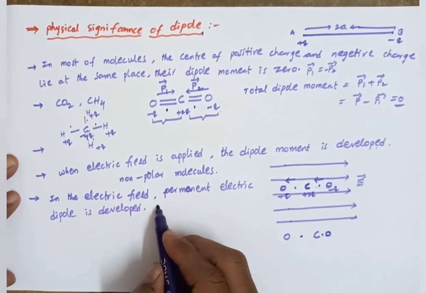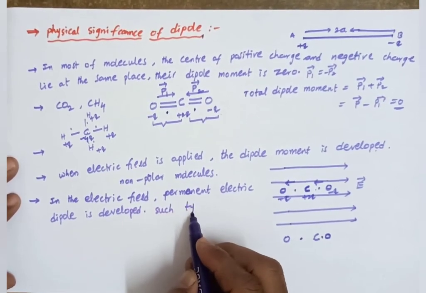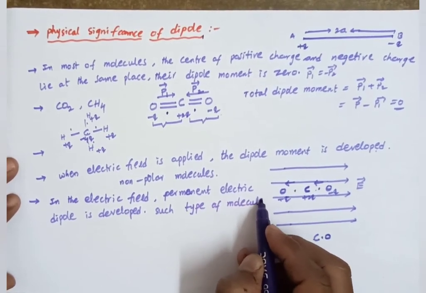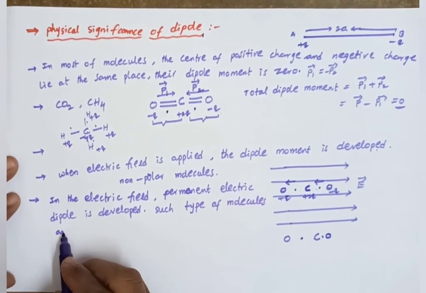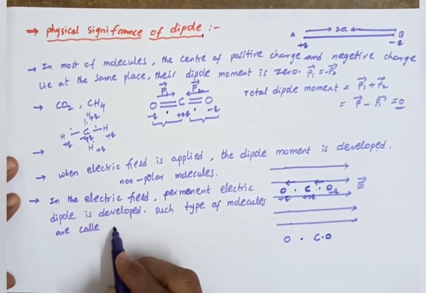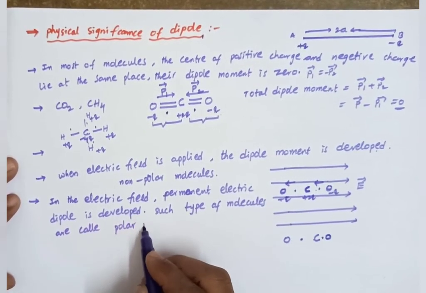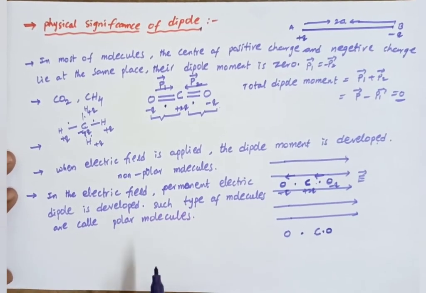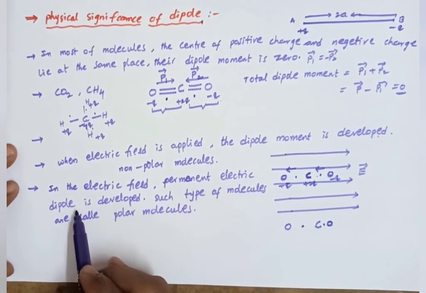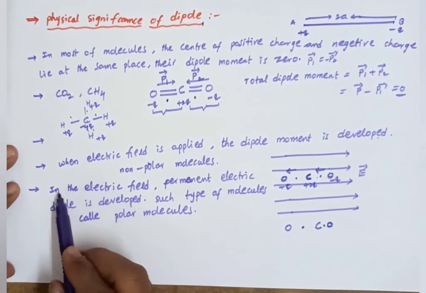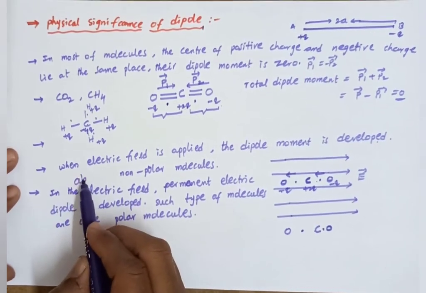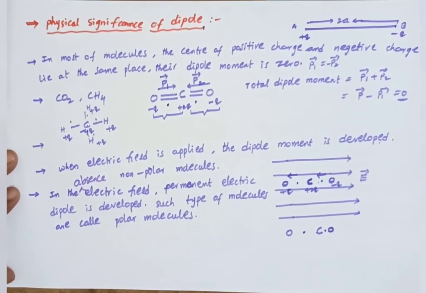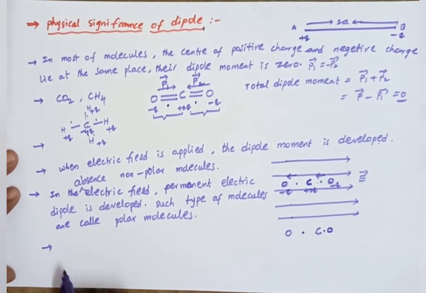Such type of molecules are called polar molecules. In the polar molecules, a permanent electric dipole exists in the absence of electric field.